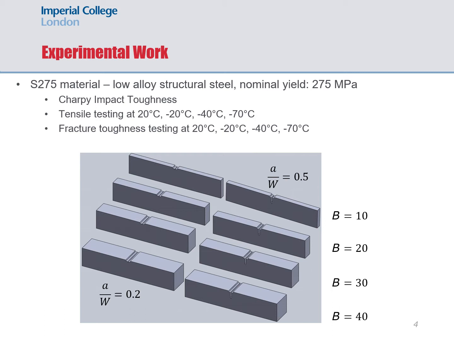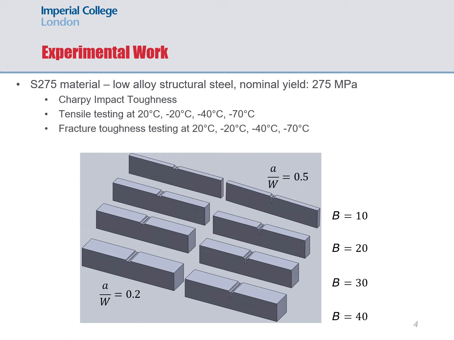And many of you will be wondering, why choose a low alloy structural steel? Well, the material choice is actually related to the wider implications of the project. Unfortunately, I don't have enough time today to go into the wider project aims and objectives, but if any of you are interested in that, feel free to contact either myself or my co-authors to discuss it.